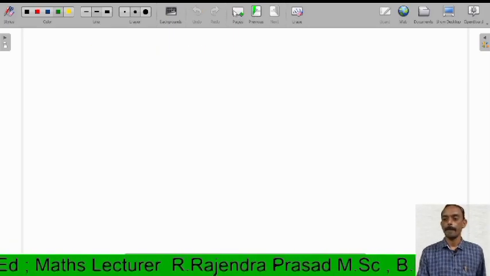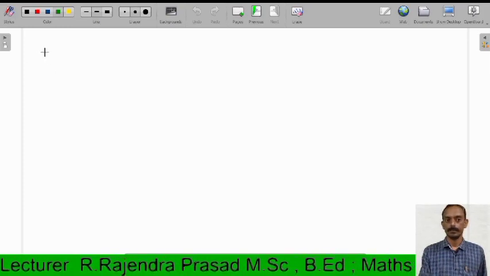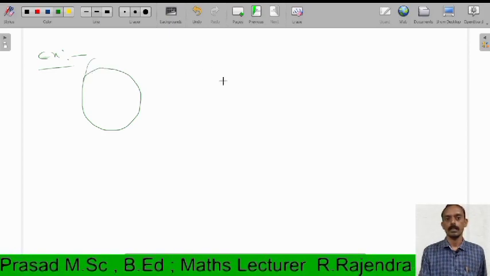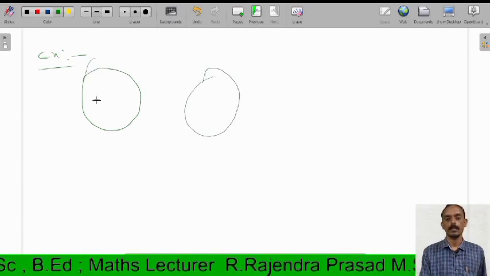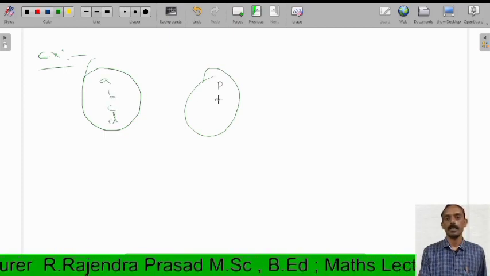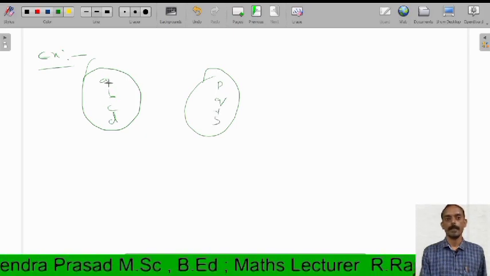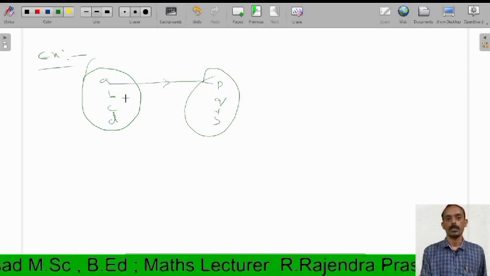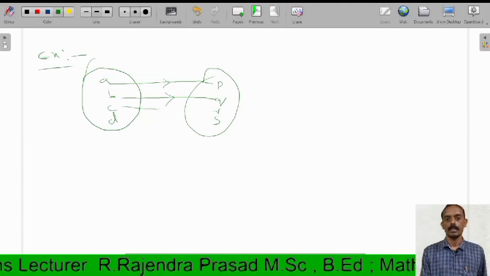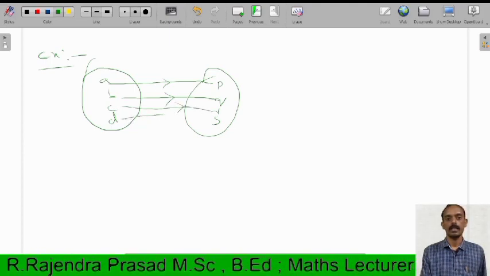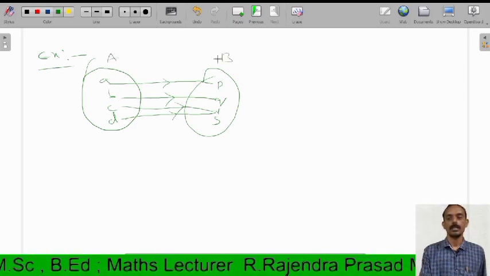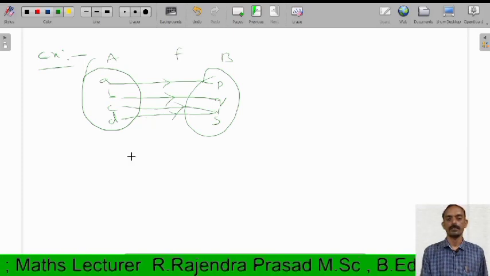Next, for example. This is the A set, this is the B set. A, B, C, D; P, Q, R, S. A has image P, B has image Q, C has image R, D has image also R. f is a function.